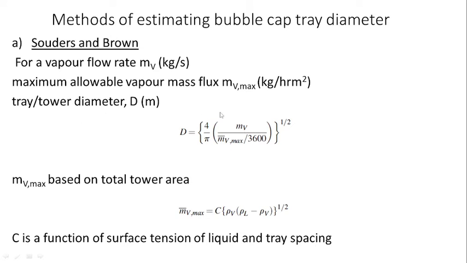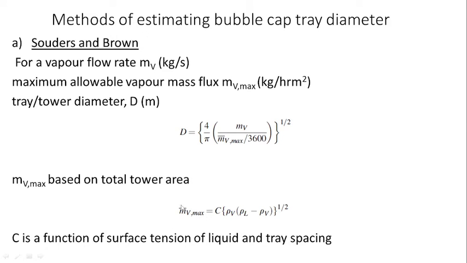Then the tray diameter is given by this equation, where mv max is determined by C multiplied by square root of density of vapor into density of liquid minus density of vapor, and this C is a function of surface tension of the liquid and tray spacing.